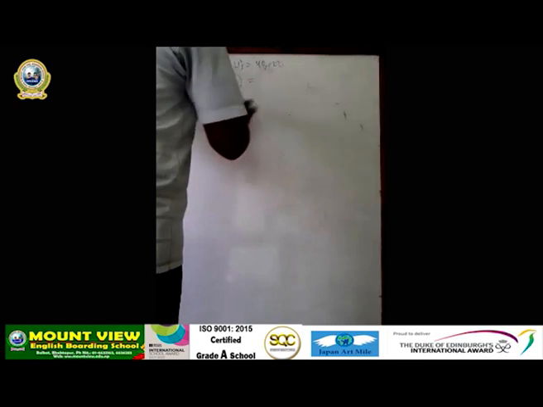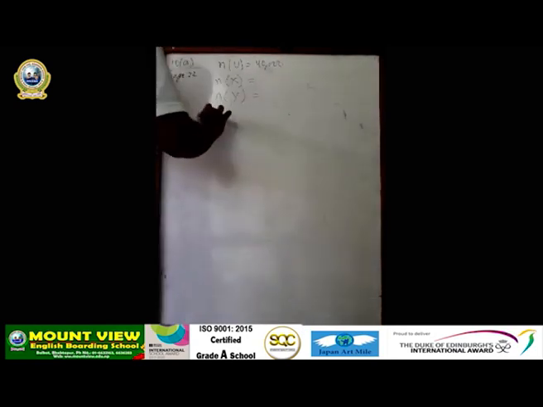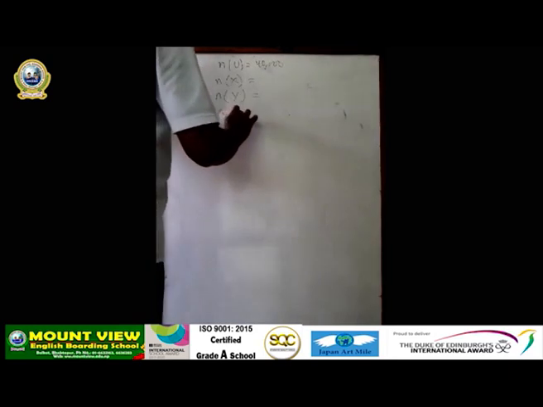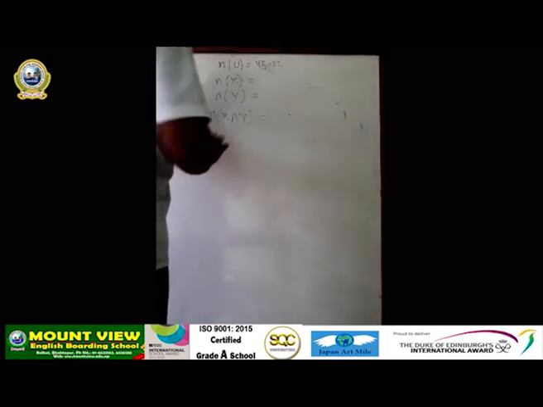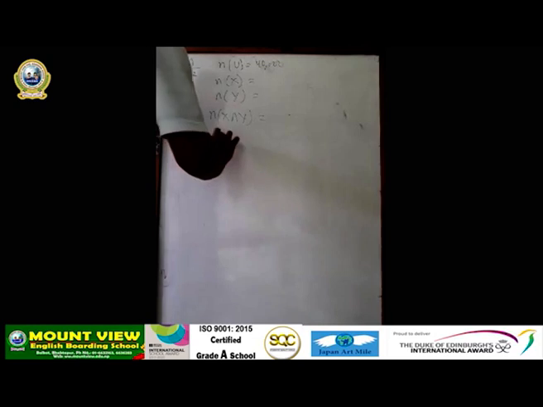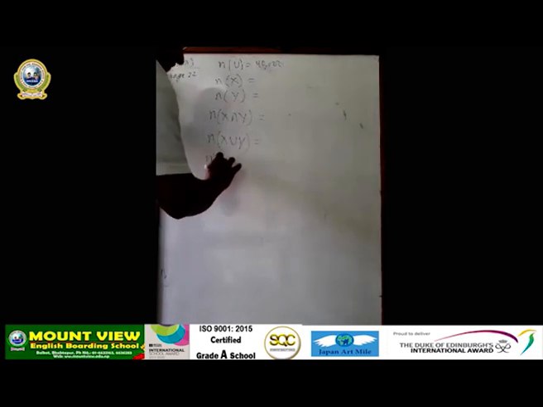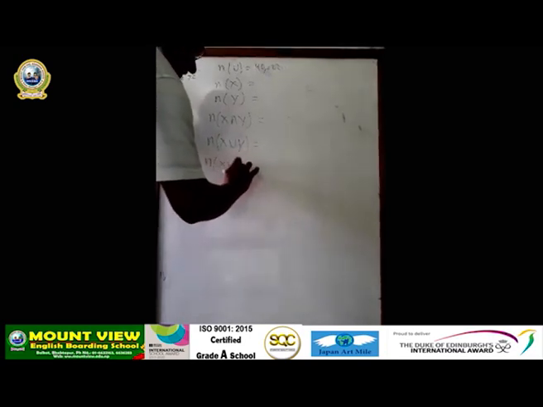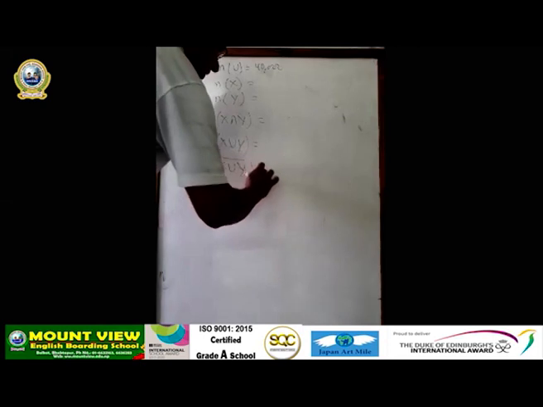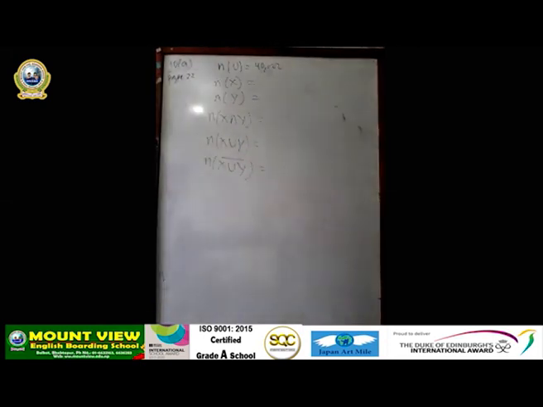Votes got by X, votes got by Y, votes got by X and Y both, votes got by X union Y, and votes got by X union Y complement. Look, we need to write all this information.